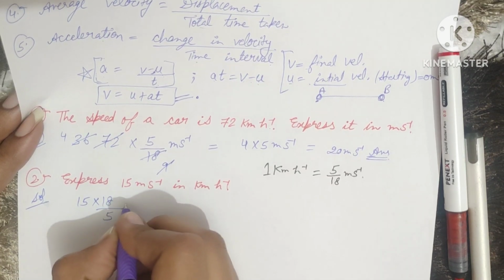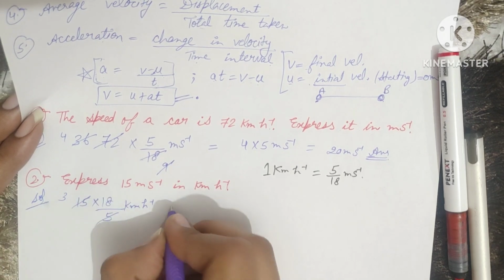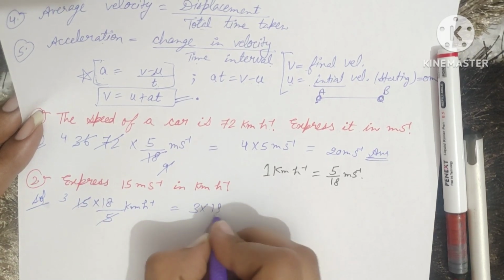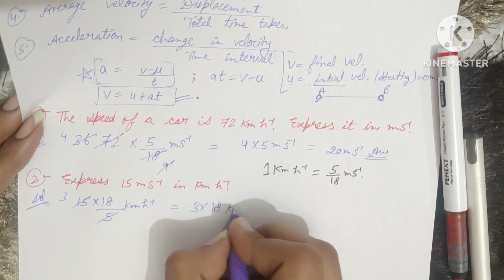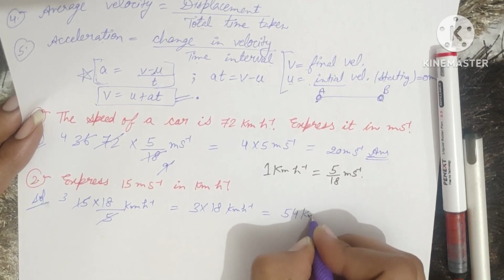That is 18 by 5 for kilometer per hour. 5 3s are 15. We are left with 3 into 18, which is equal to 54 kilometer per hour.